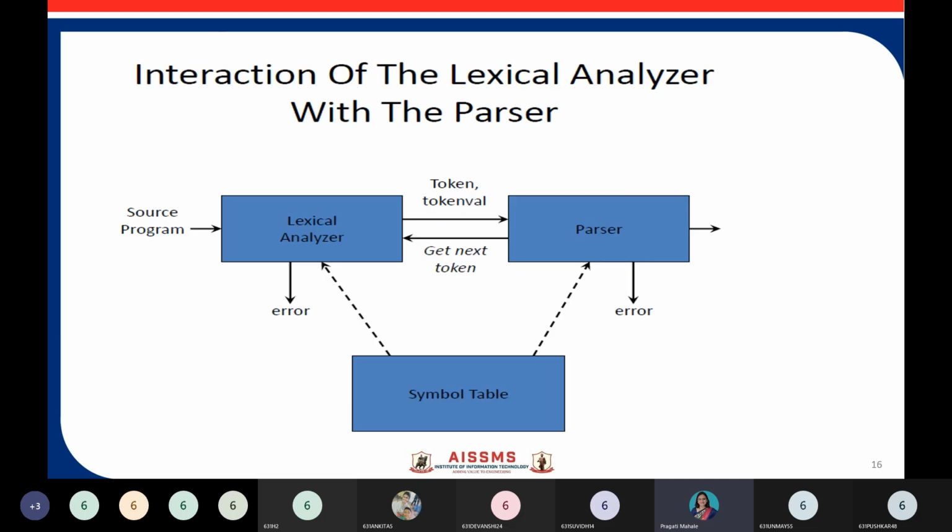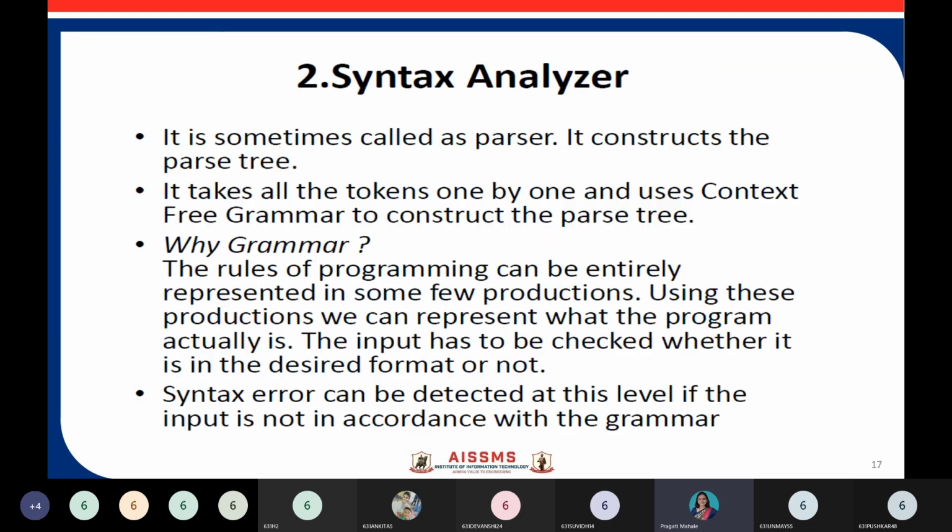With this recap of the previous lecture, now let us proceed further with the next phase of the compiler. The second phase of the compiler is nothing but the syntax analyzer. I think this phase is known to you.